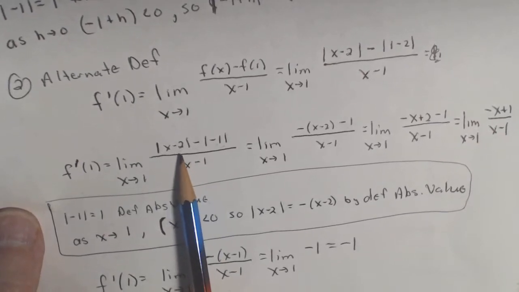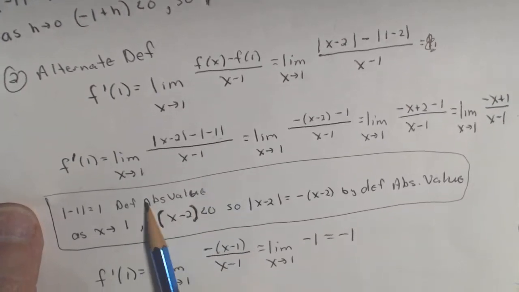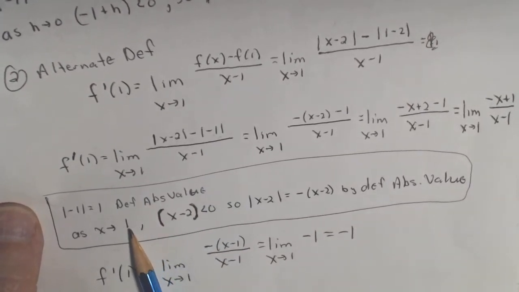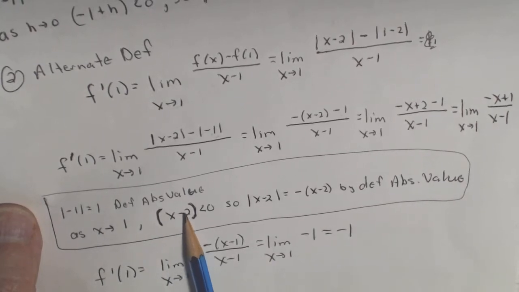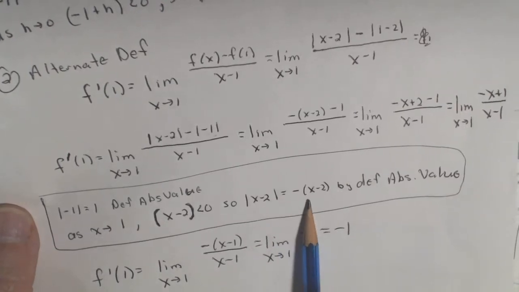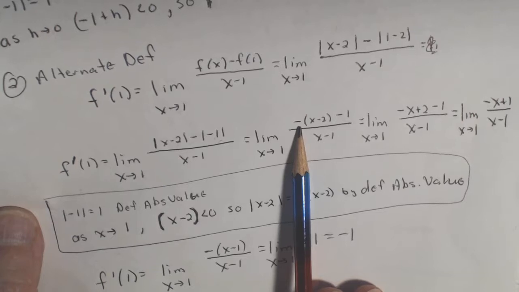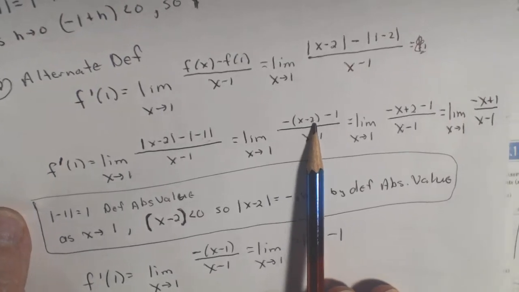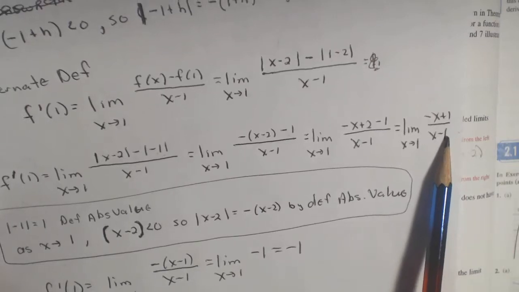And again, we use the argument that, well, we know absolute -1 is 1. We use the argument that as x approaches 1, this is getting close to 1 minus 2, which is -1, so it's less than 0. So its absolute value is its opposite. So you replace absolute x minus 2 with its opposite. You distribute the minuses, and finally you will get down to here in a couple steps.